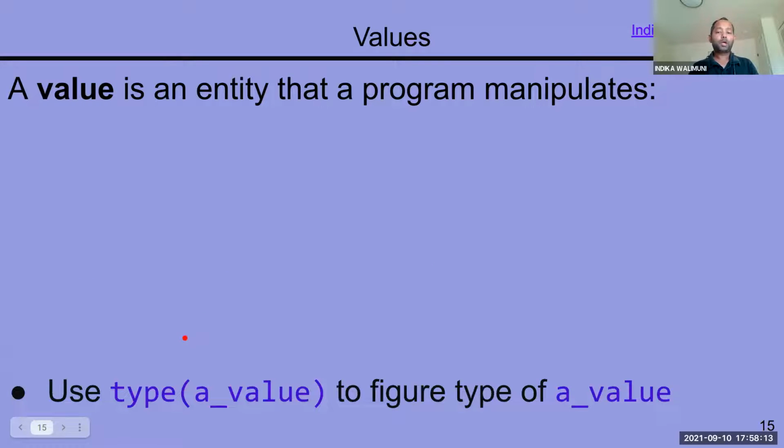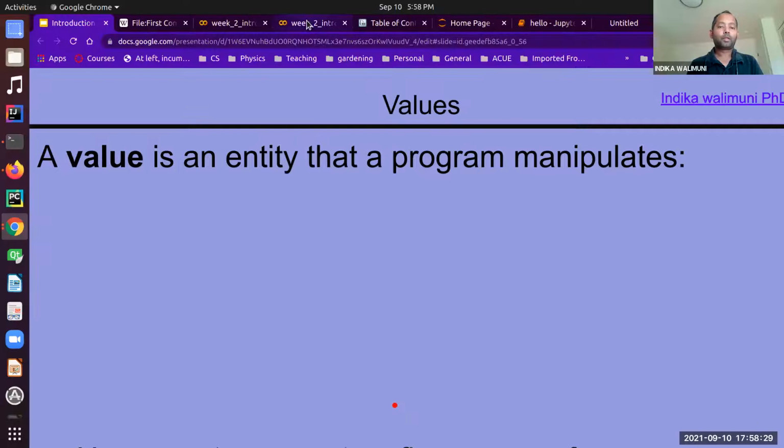To get the type, we can use the type built-in function, and we pass the value that we want to figure out the type of. Let's check this out. I am going to create a value.